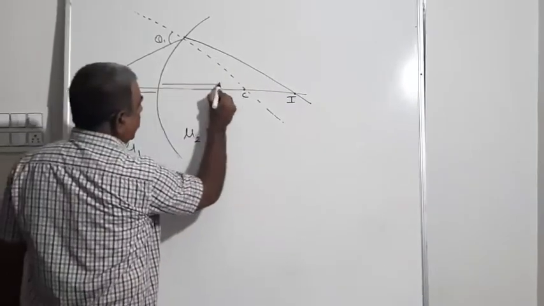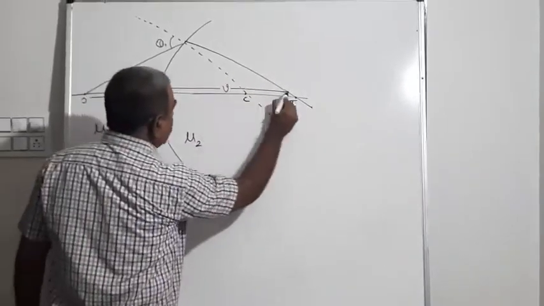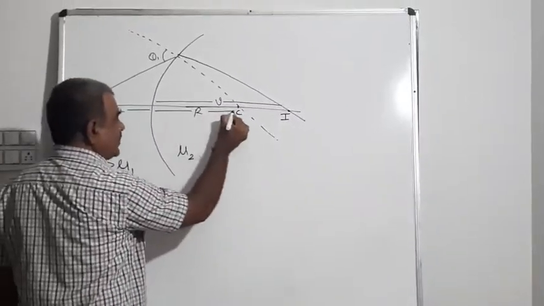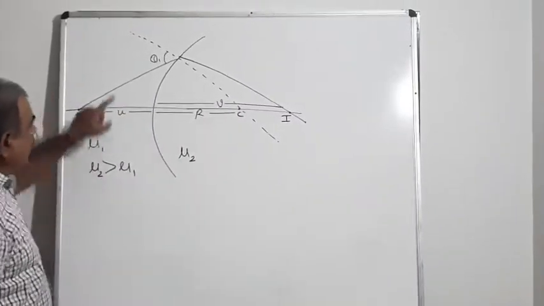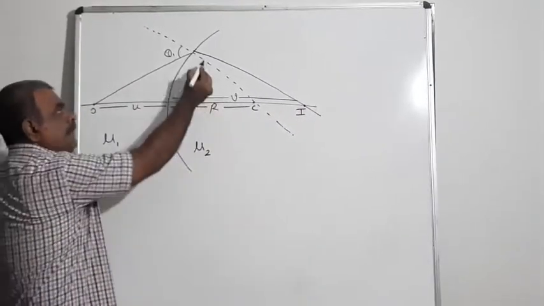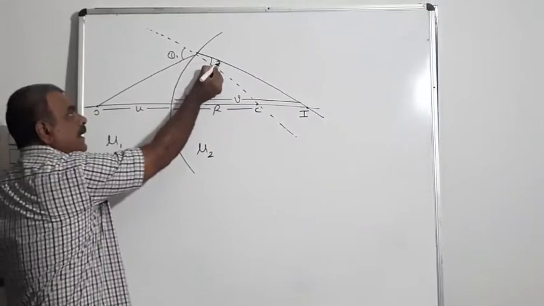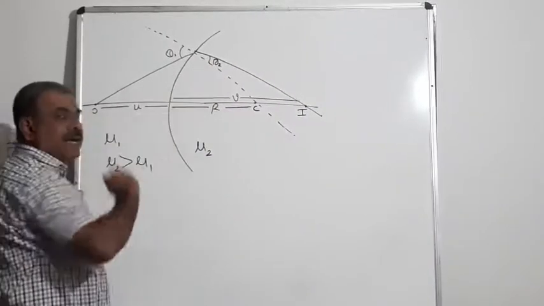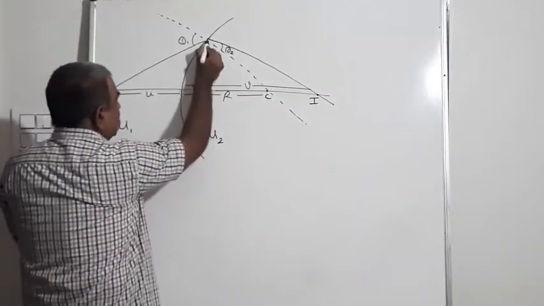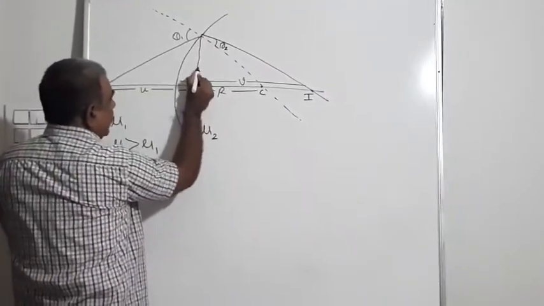So this will be the image distance v. This is the radius of curvature R. The angle at which light is incident is theta 1 and light refracts at angle theta 2. From the axis, let's say light is incident at height h.